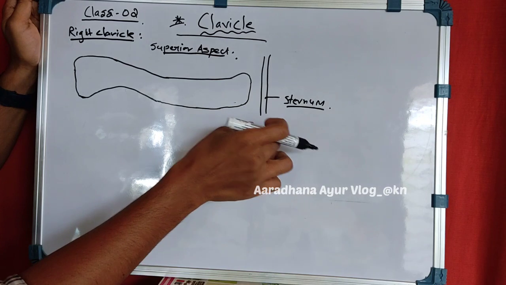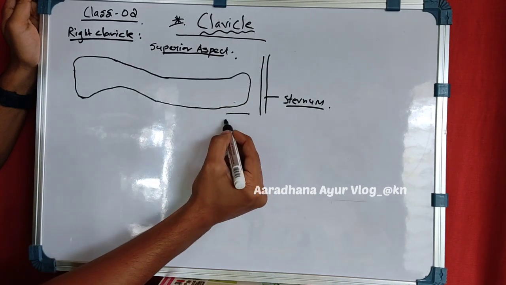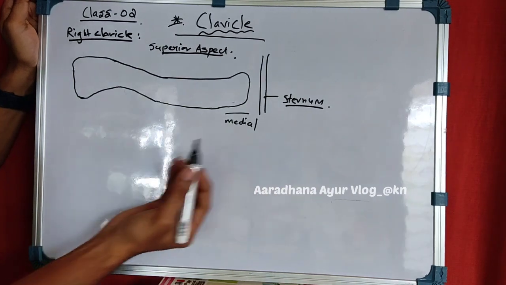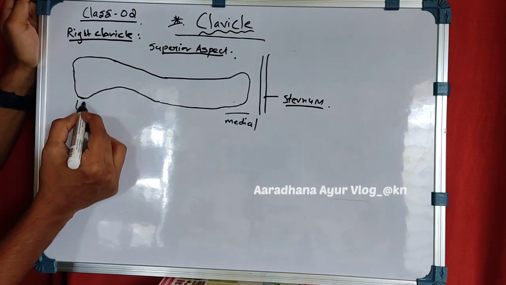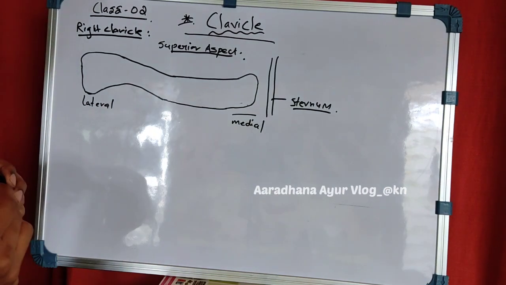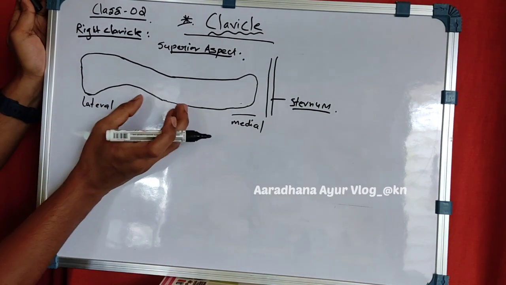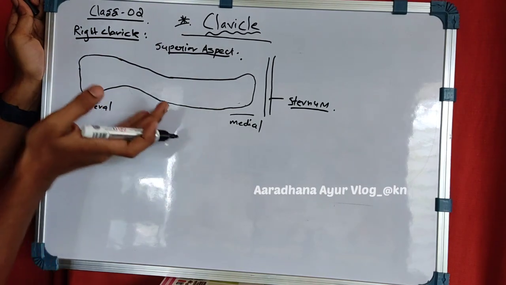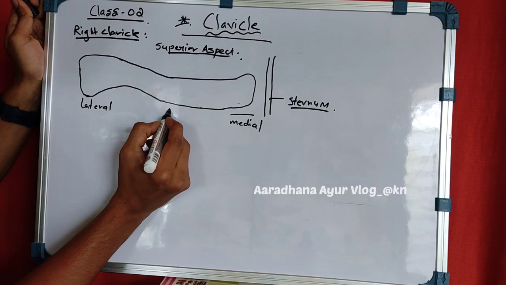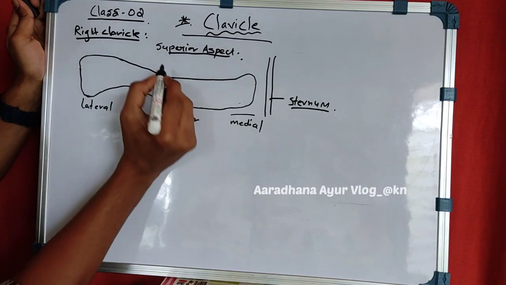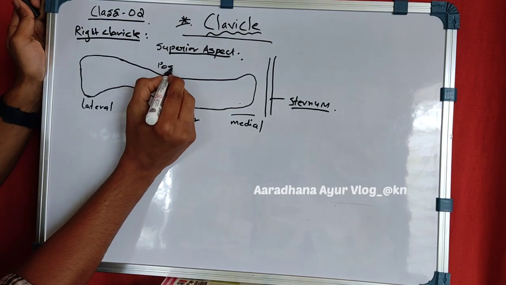Whatever is near to the middle part will be called the medial side, and away from it will be called the lateral part. From the superior aspect, the front side we are seeing is anterior, and here it will be posterior.